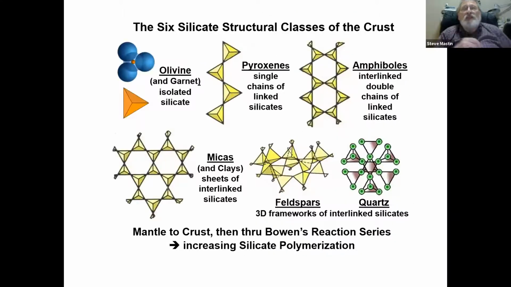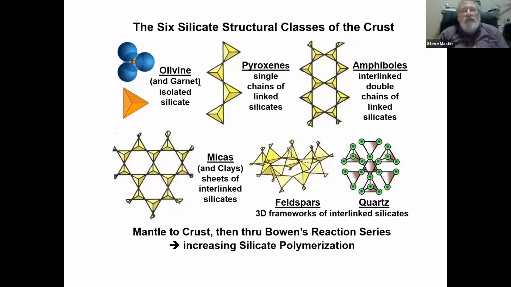And so these are the 6 silicate structural classes in the crust. You've got the simplest one, olivine, which is just the tetrahedral silicate anion. And pyroxenes are single chains of the linked silicates. Amphiboles are 2 chains stuck together.